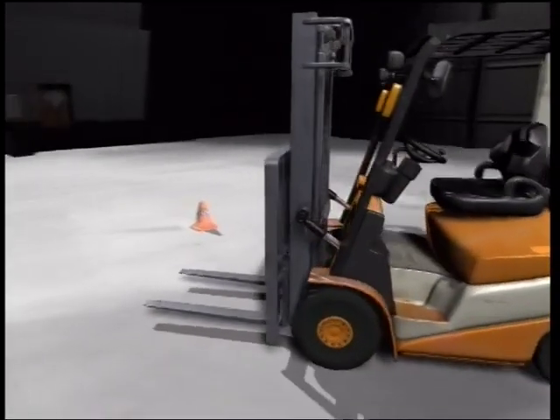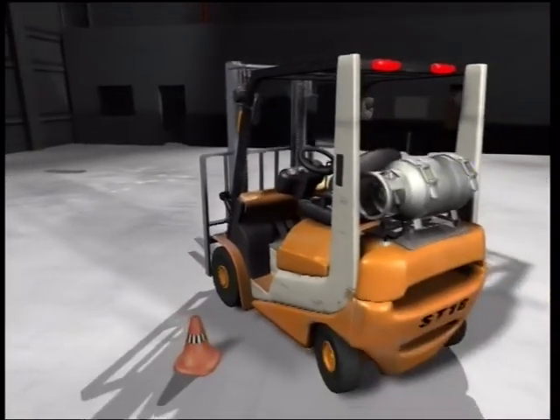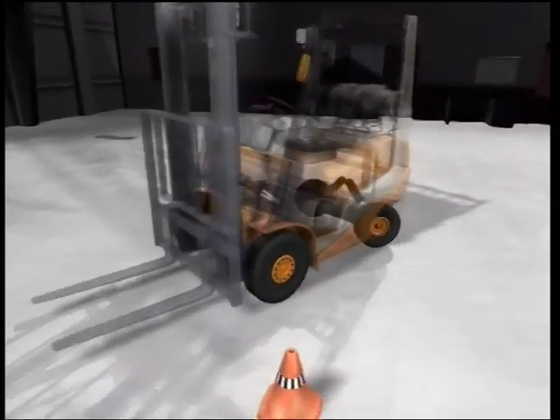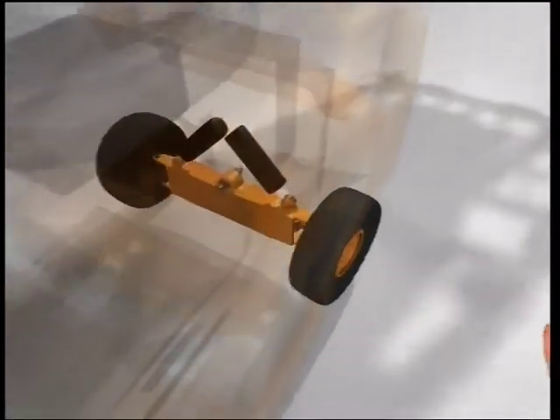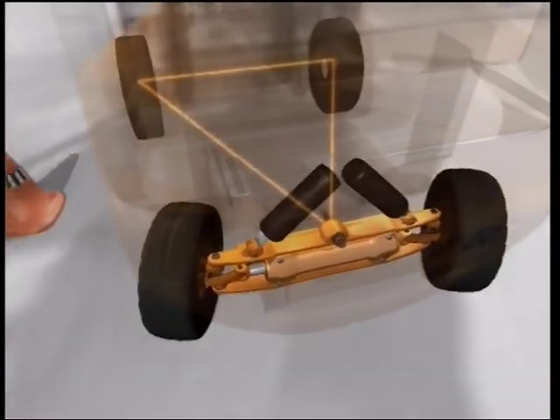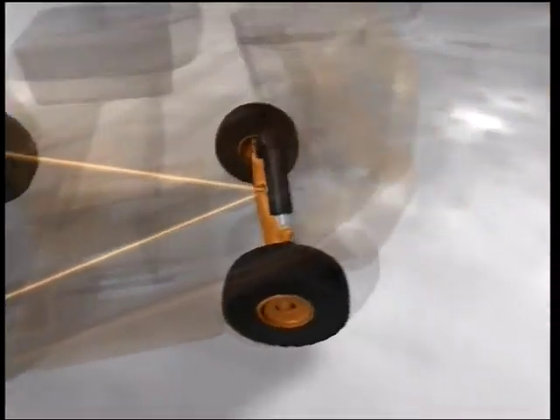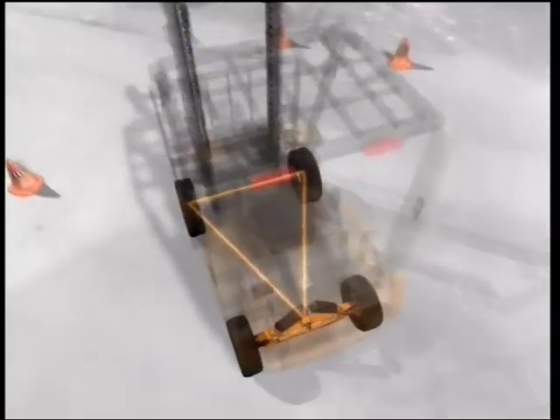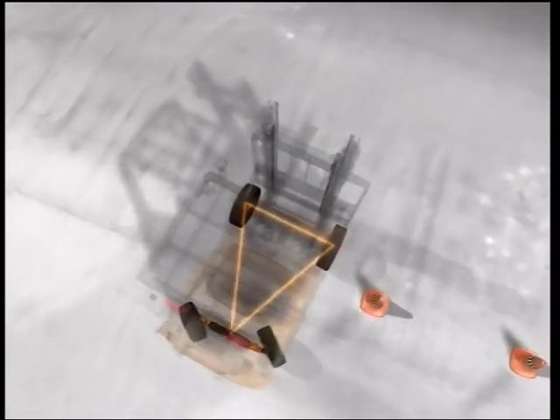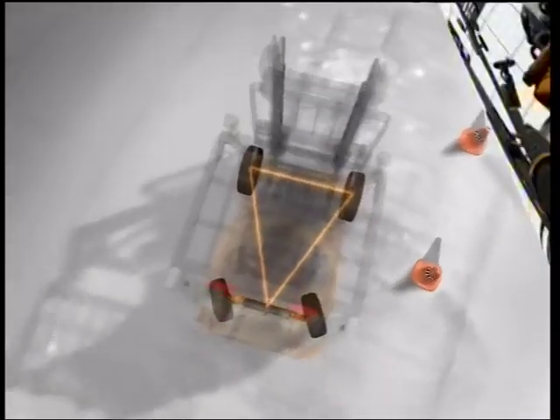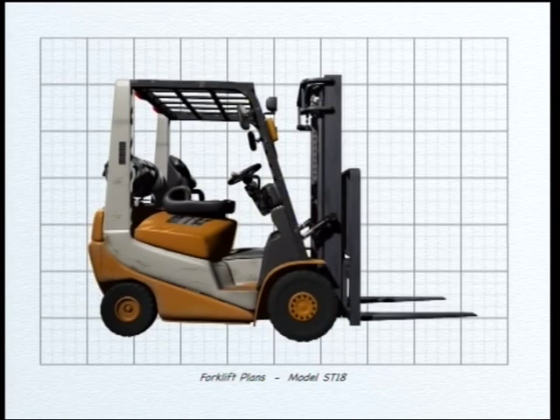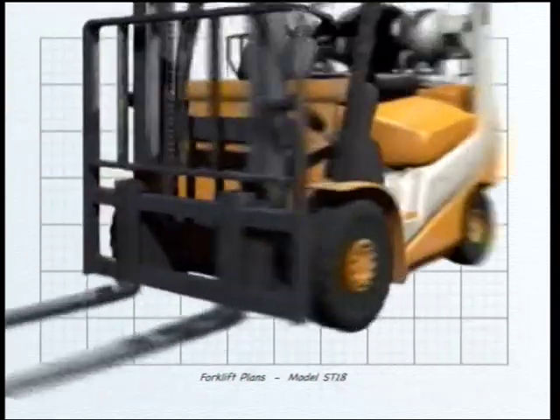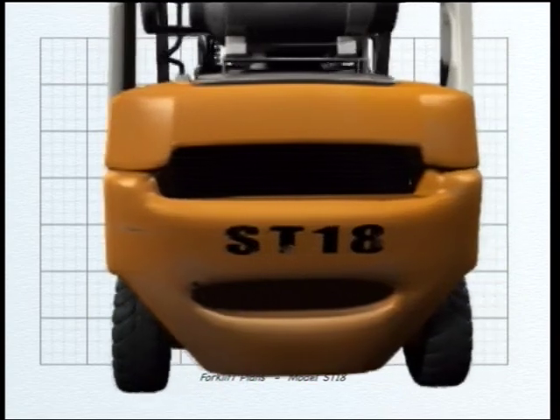Although most forklifts stand on four wheels, the hinged rear axle makes the forklift behave as if it was standing on only three wheels. This creates a stability triangle that is used to determine a safe center of gravity when operating a forklift. The corners of the stability triangle are formed by the center of each front wheel and the center of the rear axle.